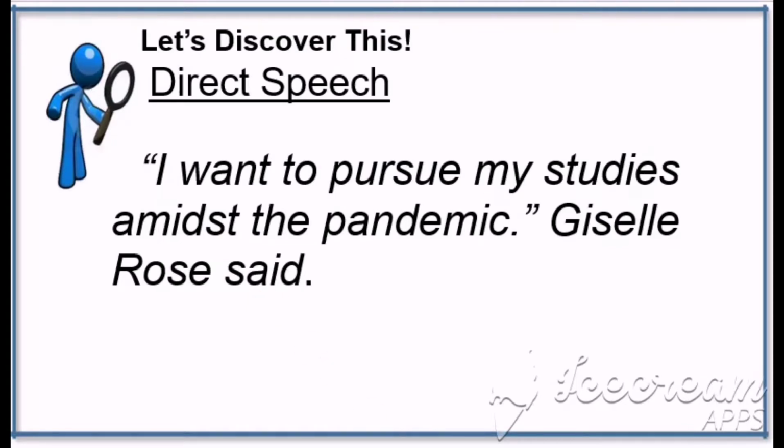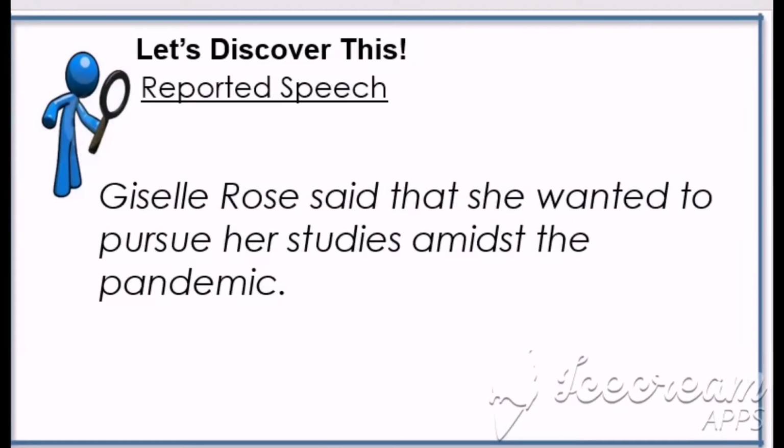Okay, how about the reported speech? Now, this is the example of a reported speech. Giselle Rose said that she wanted to pursue her studies amidst the pandemic. Now, here in the reported speech, who do you think is the speaker?